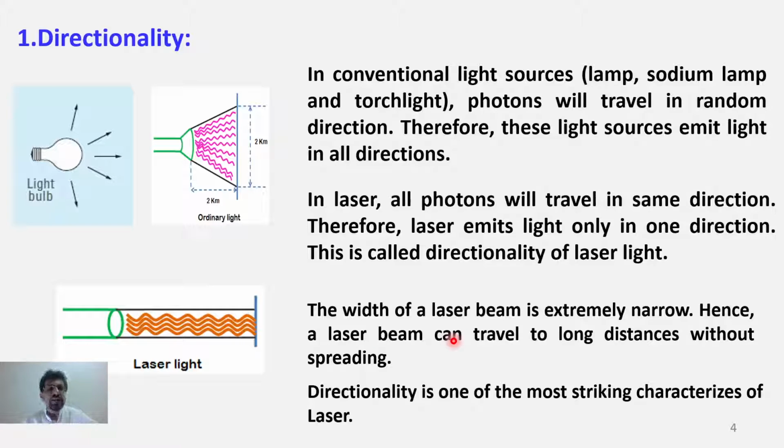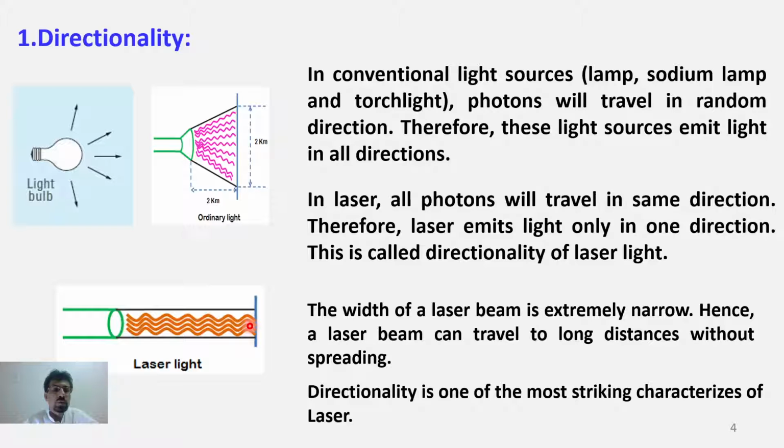The width of the laser beam is extremely narrow and hence a laser beam can travel a long distance without spreading. Now in this figure we can see that all photons are emitted in the same direction and due to that the width of the beam is extremely narrow.